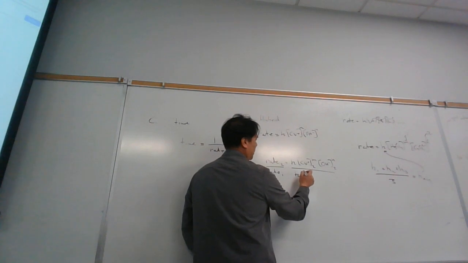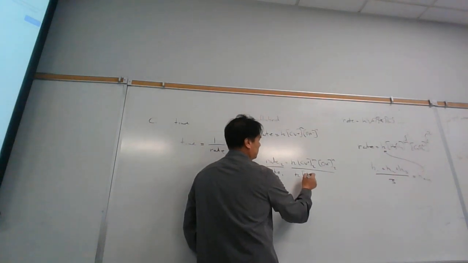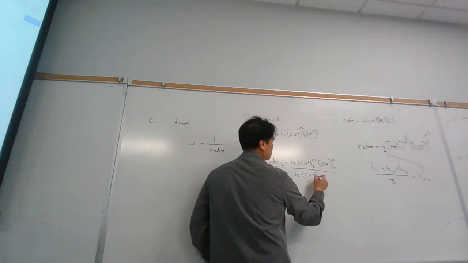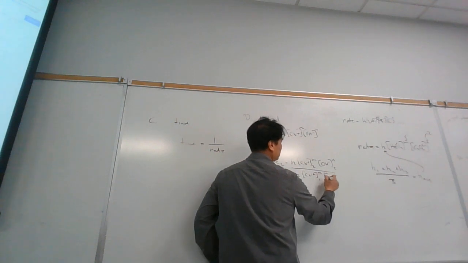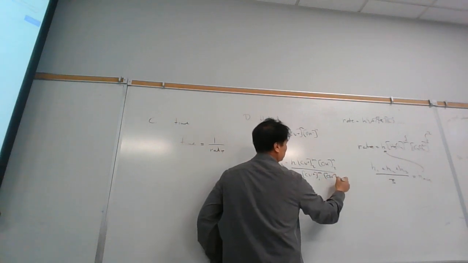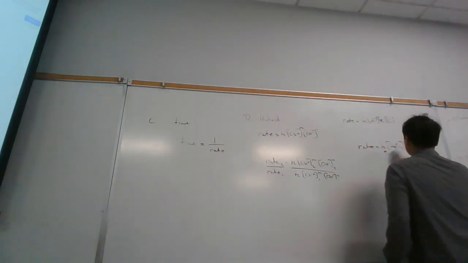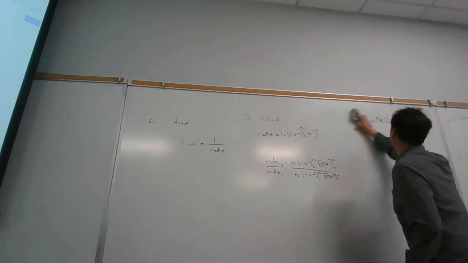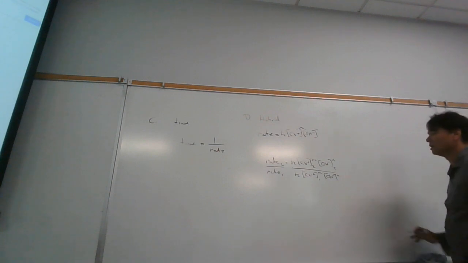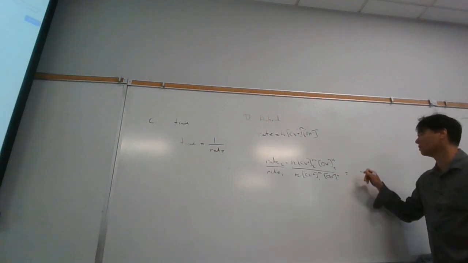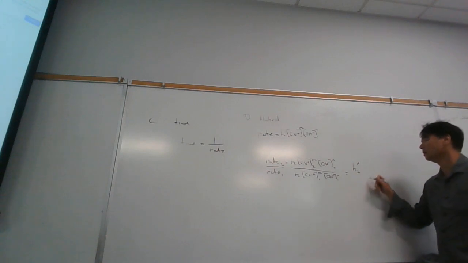This is going to equal K times the crystal violet concentration from 1 to the M times the hydroxide concentration from 1 to the N. And then we made sure that the hydroxide concentration didn't change much, and so we wrapped that into the rate constant.